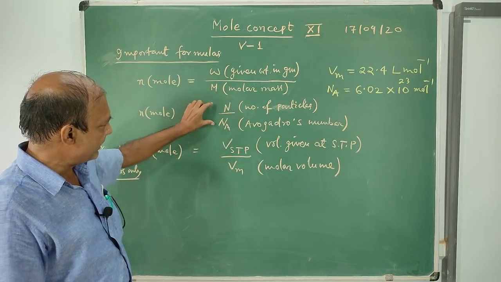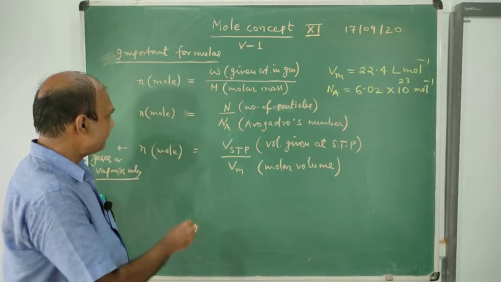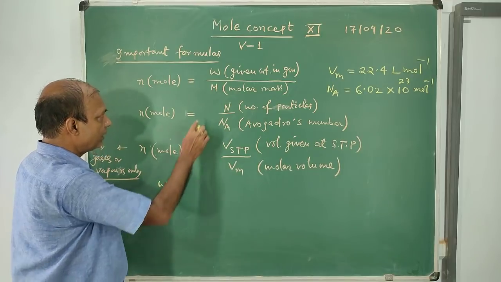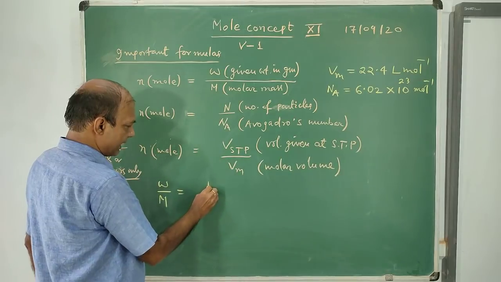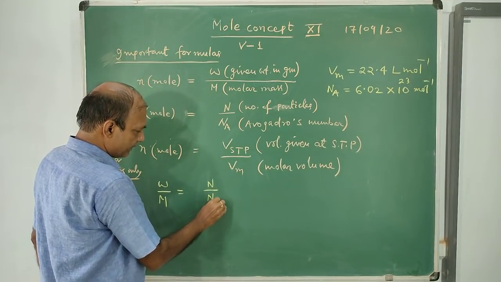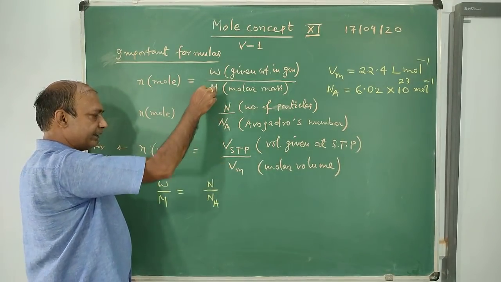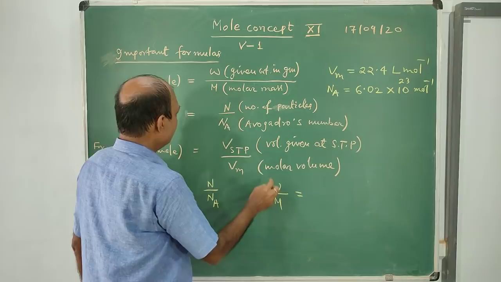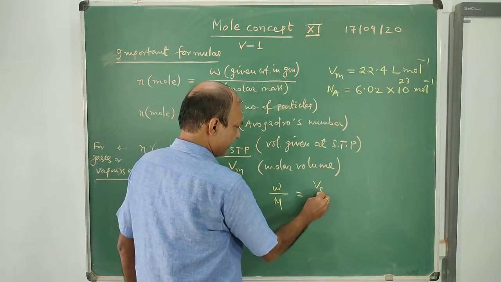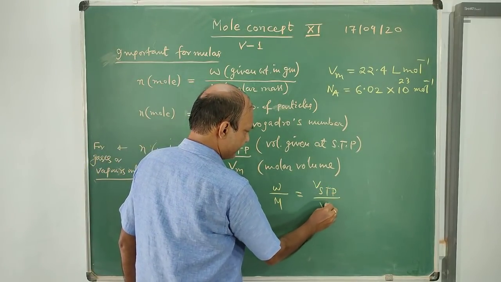So from these three formulas, we can have some secondary formulas by equating them pairwise. Formula number 4: W by M is equal to n by Na. Formula number 5: W by M is equal to VSTP by Vm.